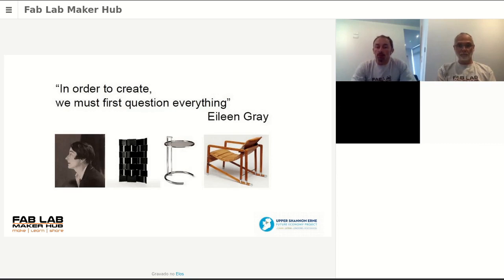A famous quote from her there: "In order to create, we must first question everything." Anybody who reads about Eileen Gray will understand that that was her. Every single day she reinvented herself, her work, and questioned the nature of things.